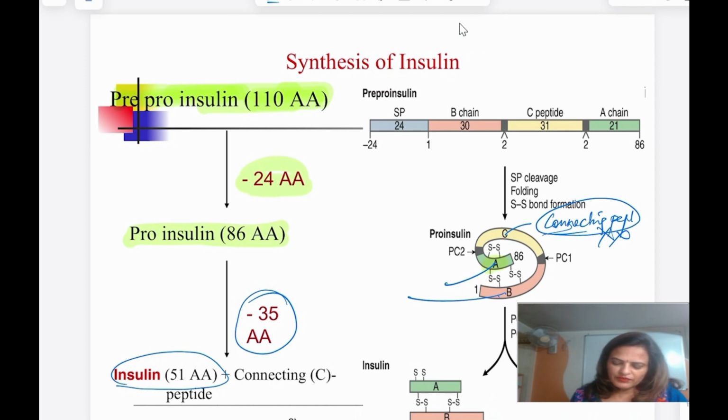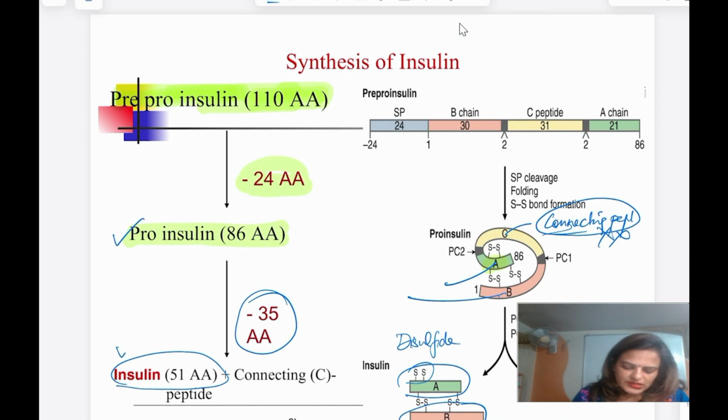So this is the insulin with A chain and B chain, which are bound by disulfide bonds, and now there is no connecting peptide in between. So in the beta cells we have all of this, proinsulin, insulin and C peptide, all together, and all of them are released also.